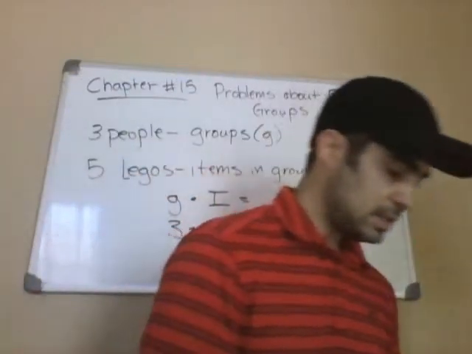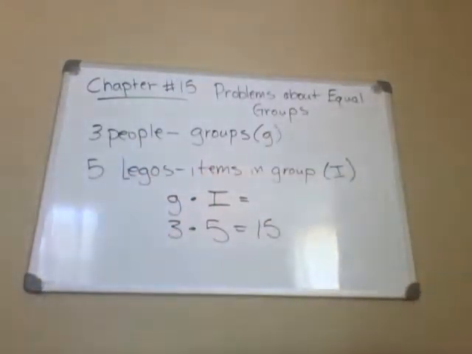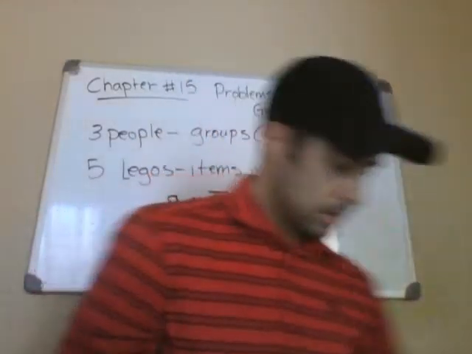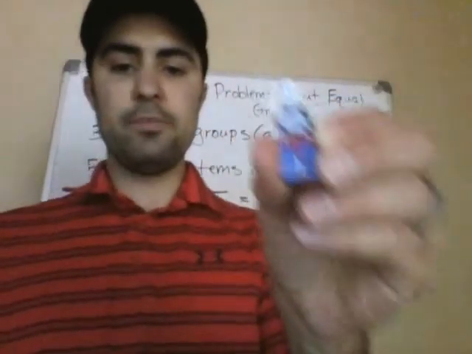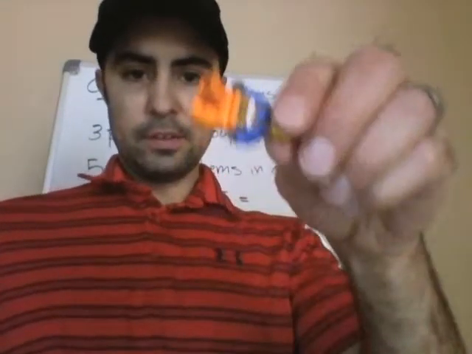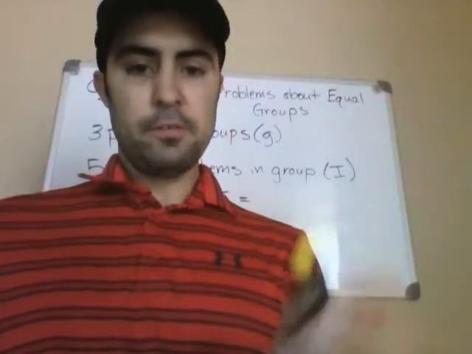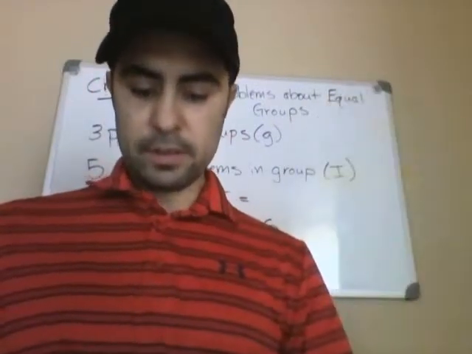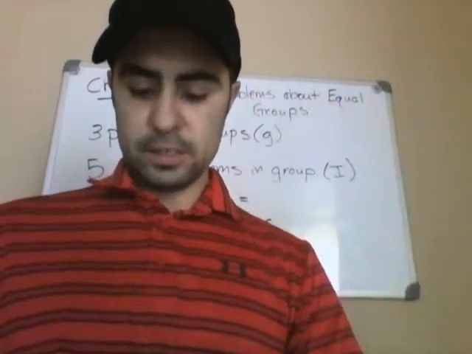So let's see. I have mass carnage over here. I have lots of little guys. Let's count them. There's 1, 2, 3, 4. There's Robin. He's back. 5. That's one group. 6.